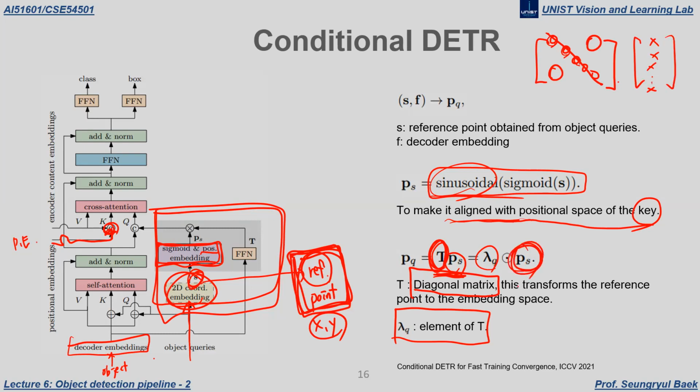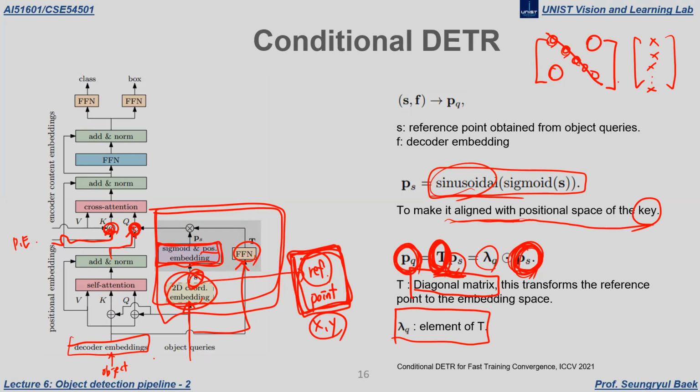We directly scale the P_S elements using this estimated T, which is inferred to adjust the scale of the spatial query. Anyway, this PQ becomes the spatial query, and it is concatenated with the cross-attention output.